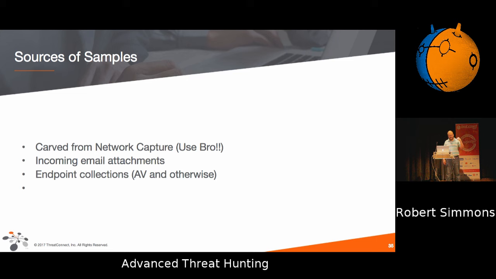Also, you can look at incoming email attachments. If you have some sort of system on your mail server which is pulling attachments, that stream of samples can also be put through this process. Endpoint collection, I know that with AV quarantine, you can get back quarantine from your endpoints.